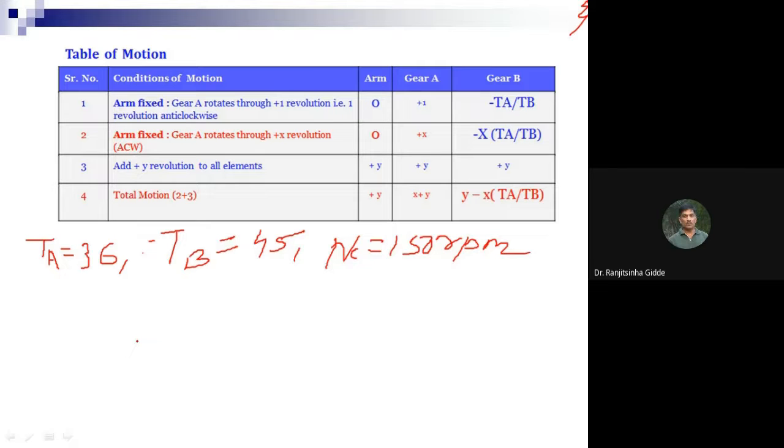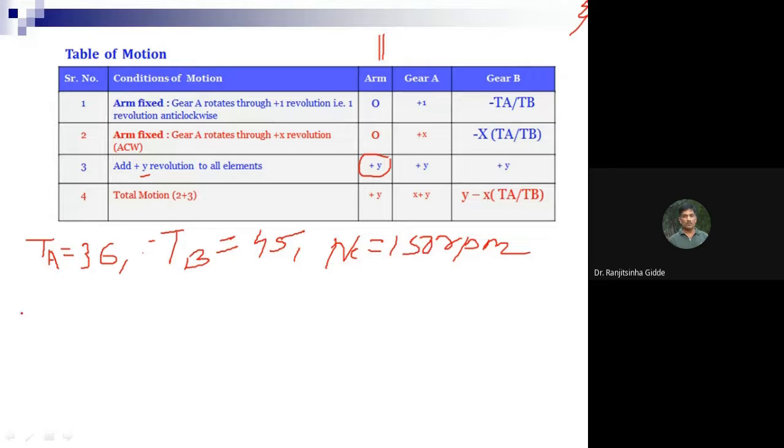So what condition have they given? The arm rotates with 150 RPM in the anticlockwise direction. So what is the arm rotation? y. So we can have the first condition with respect to this.